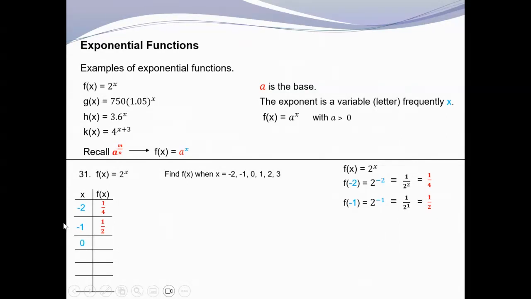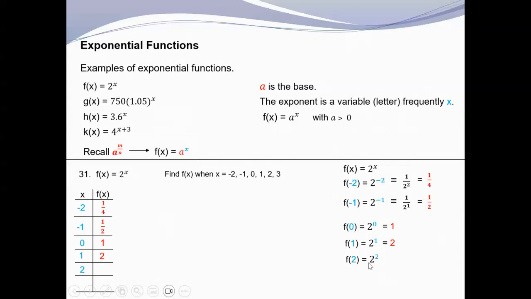Now we're going to apply the 0 exponent rule. Anything to a 0 power will give us 1. So when x is 0, y is 1. Now let's try 1. When x is 1, 2 to the first power will give us 2. So when x is 1, my y or f of x is equal to 2. And let's try 2.